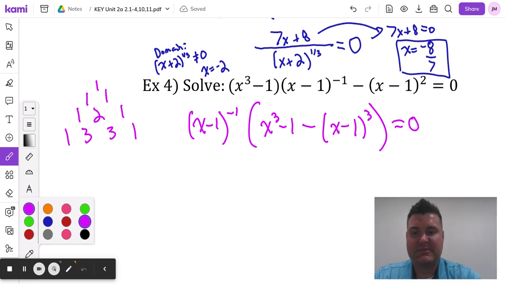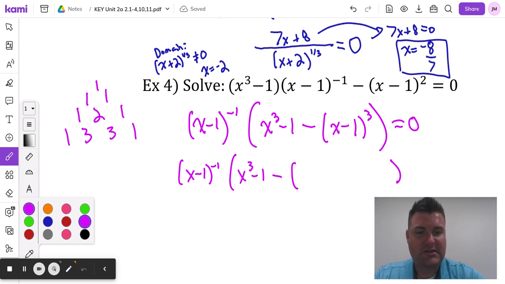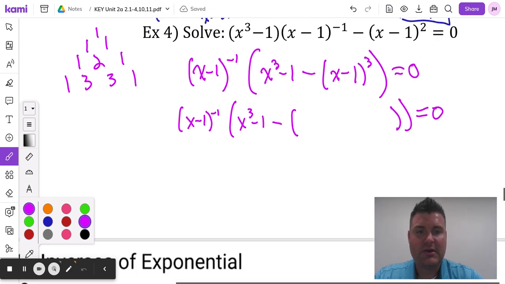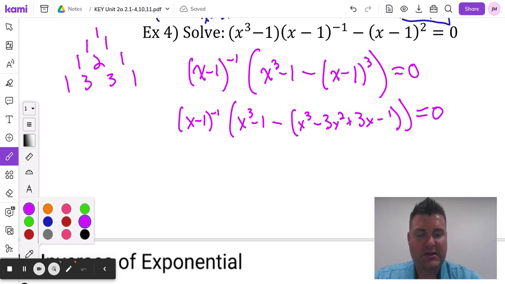So I'm going to go ahead and expand that here in just a second. This is a rewrite. x cubed minus 1 minus, and in this big old parentheses here will be our expansion using the binomial theorem. So we're going to get x cubed. We're going to be alternating signs since we're subtracting. So minus 3x squared plus 3x minus 1.